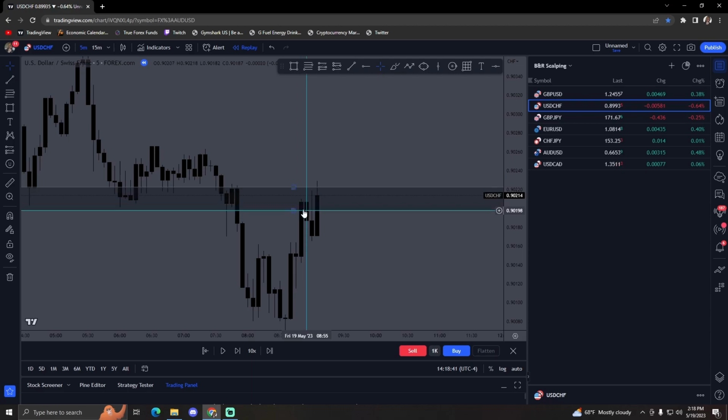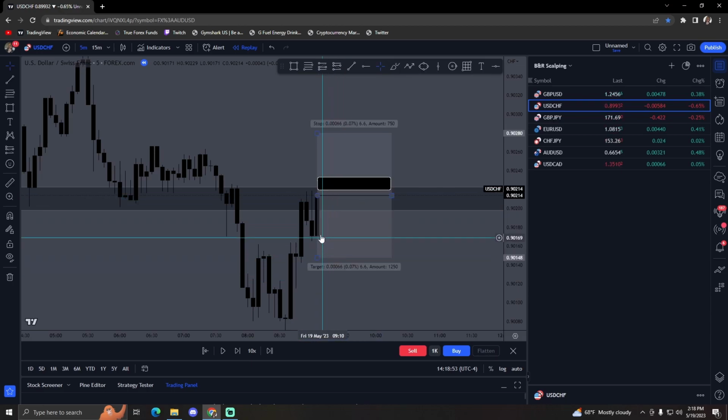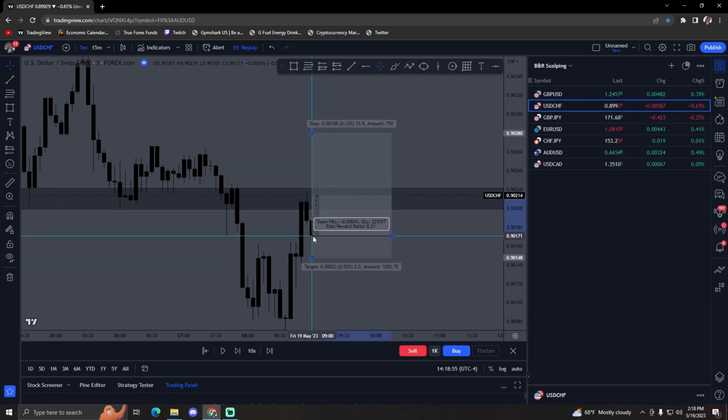And as you can see, we get a small rejection wick, we get another bigger rejection wick, and another bigger rejection wick, and then once this candle closed up here, I entered because I didn't want to enter down here. That's a bit far away from my zone. I like to enter as close to my zone as possible. So price came up. I entered around here.